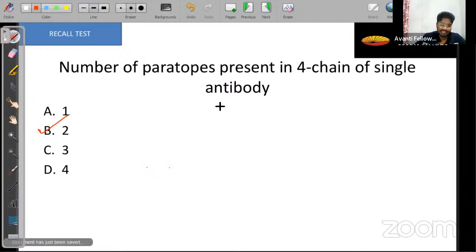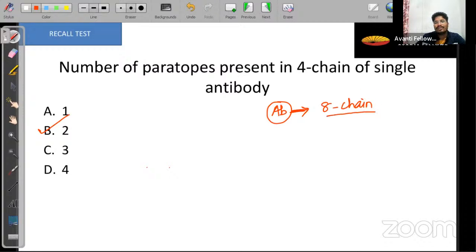Now the question will arise, if an antibody is having 8 chains, how many paratopes will be there? 8 chains के लिए कितना paratopes होगा? एकदम सही, that is 4. Okay, 8 chain के लिए 4 होगा. ठीक है. So well, I am moving to the next slide.